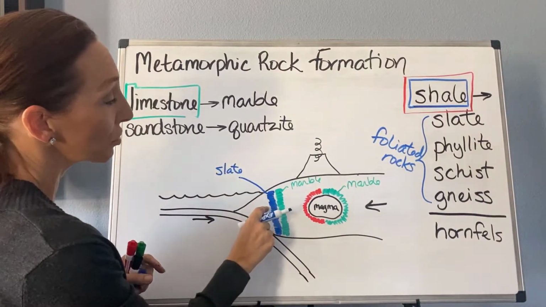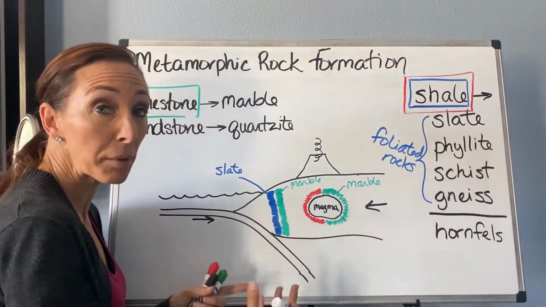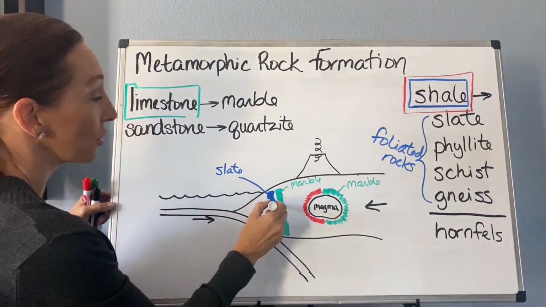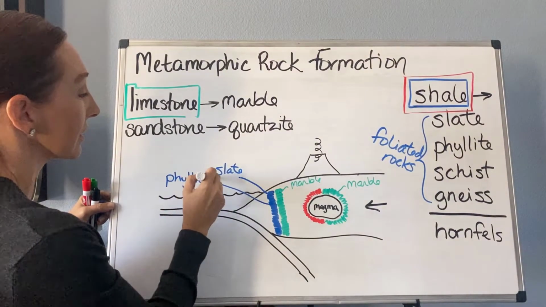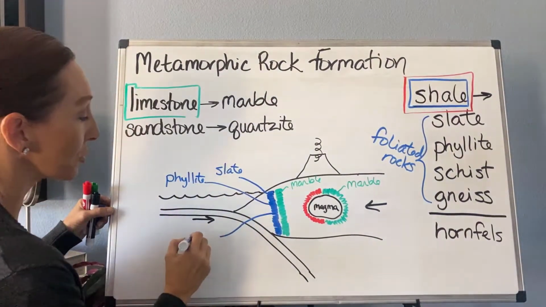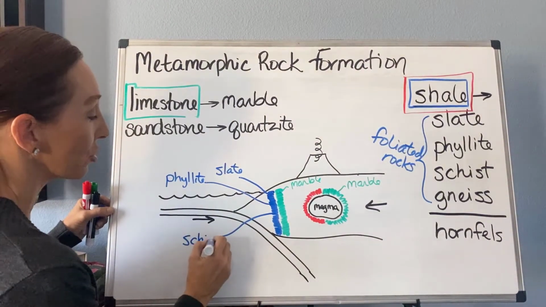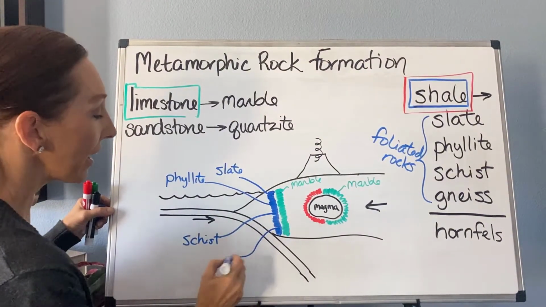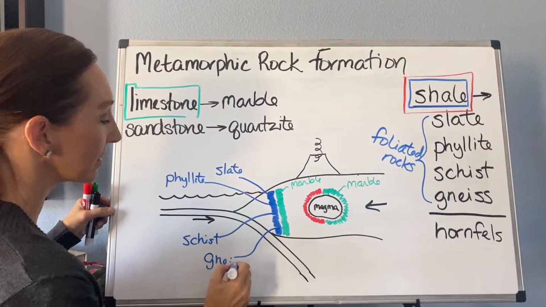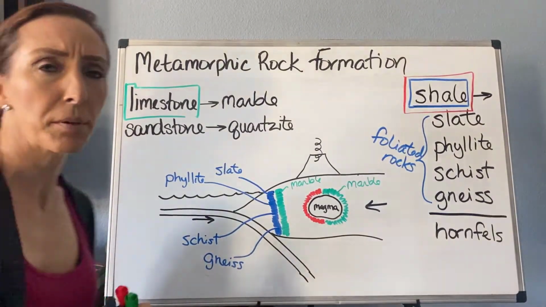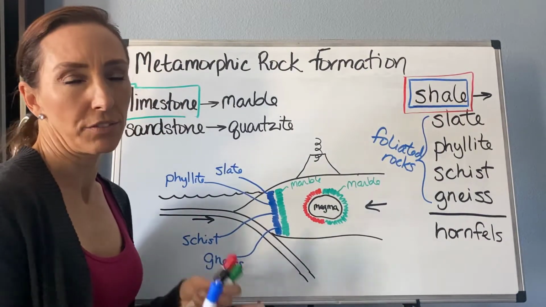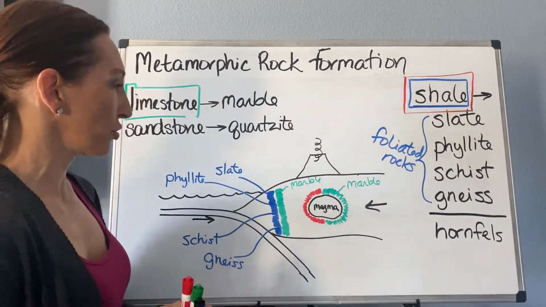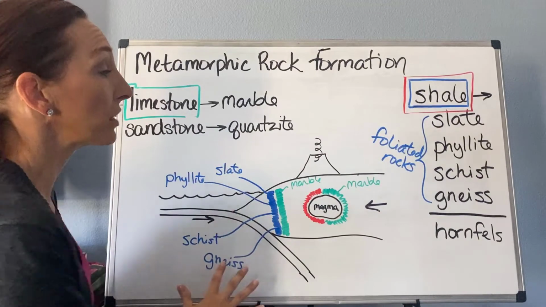And as you increase down deeper, you're going to get higher temperature, higher pressure. You're going to get a phyllite here. Even higher temperature and pressure, you're going to develop a schist. And then even higher temperature and pressure, you're going to get a gneiss here. Okay? I've kind of got them spread out just because we can see it easier, but eventually you get down to some melting if you've got too high of temperature and pressure.